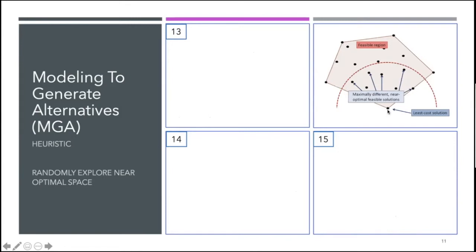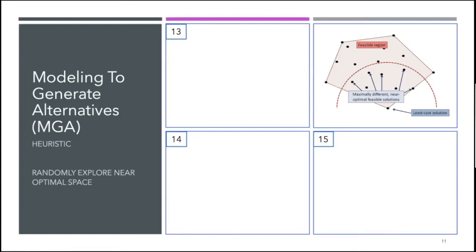So what we do instead is we explore this near optimal feasible space randomly. And once we have all of these points, we save those points, and then we try to find out which of these points are actually maximally different from the original solution.